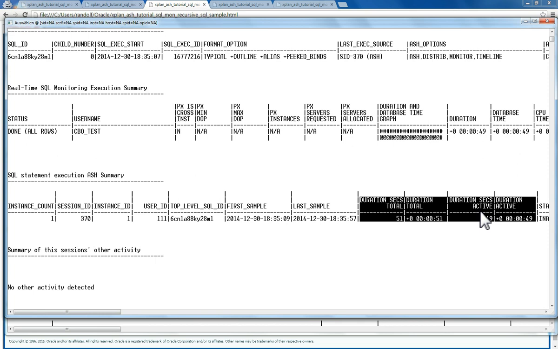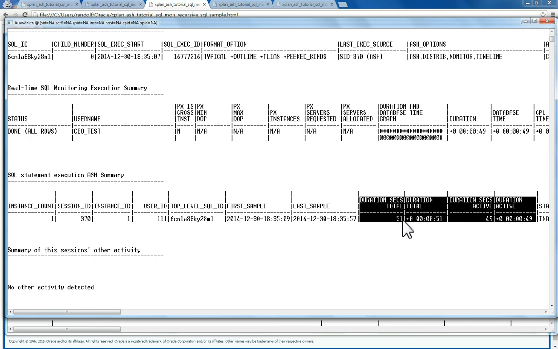So if almost for every sample between first and last sample you have at least one active sample, then there is no big difference between total and active.